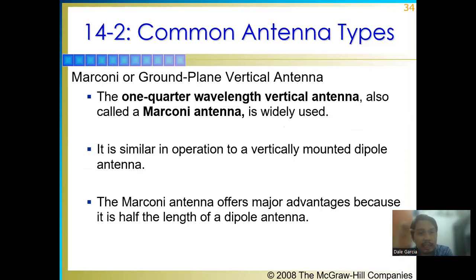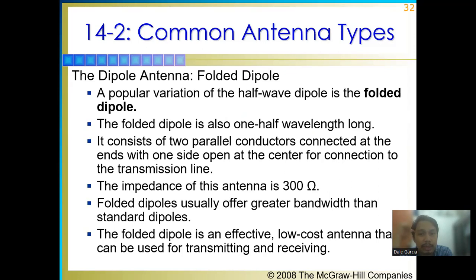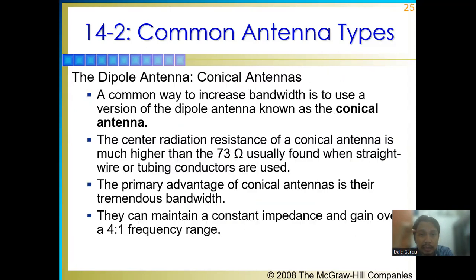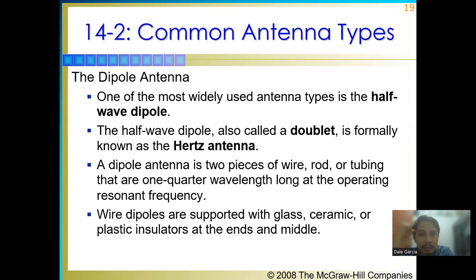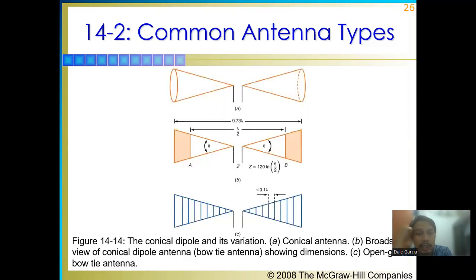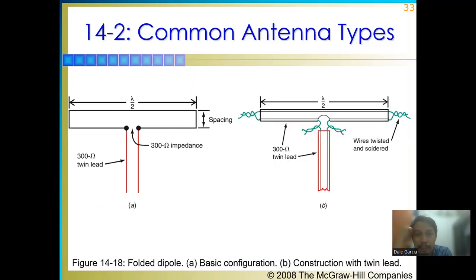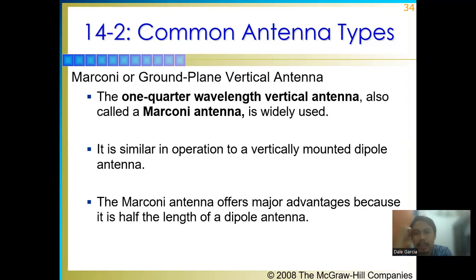So another antenna, right, we mentioned early, in the previous meeting, that the half-wave antenna is called by many names: half-wave dipole, bipole, doublet, Hertz antenna. Okay. So another antenna category is the Marconi antenna. I think these last names are familiar to us.